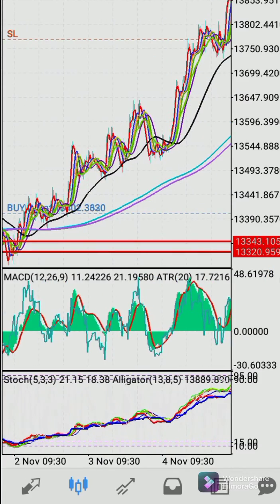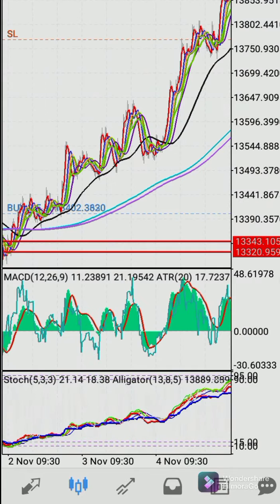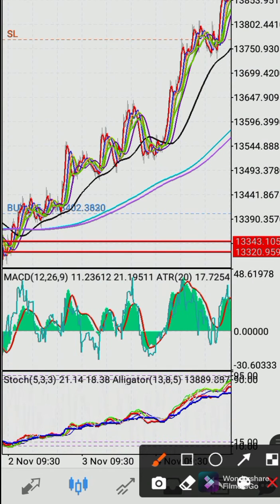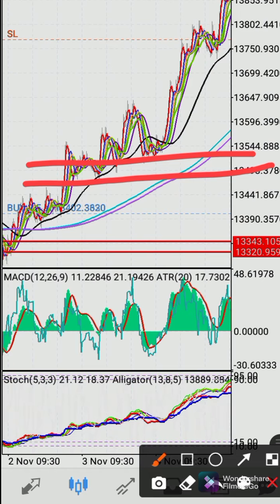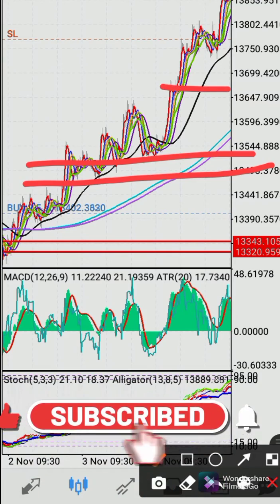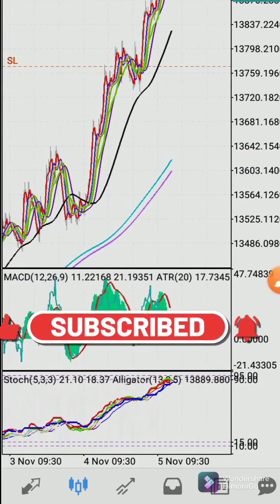The first stop loss was placed below this pullback. After this pullback finished, the market went off again and broke these highs. There's a small pullback here, so that's why we put our stop loss there as well.